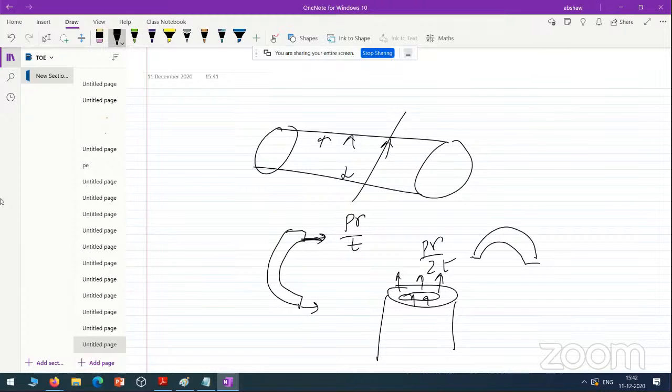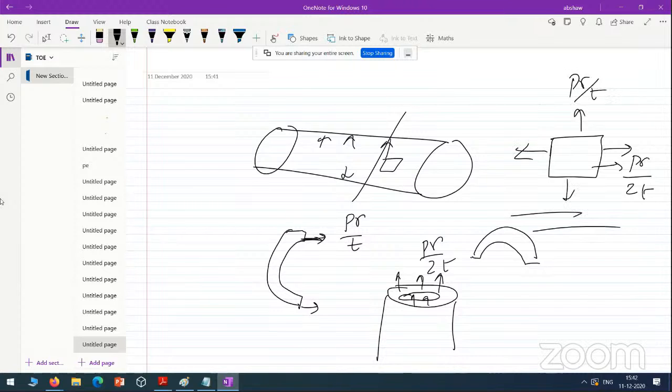If we take a small point here and draw the state of stress, you have PR by 2T in one direction and PR by T in the other, similarly on the other faces. So this is a state of biaxial stress.